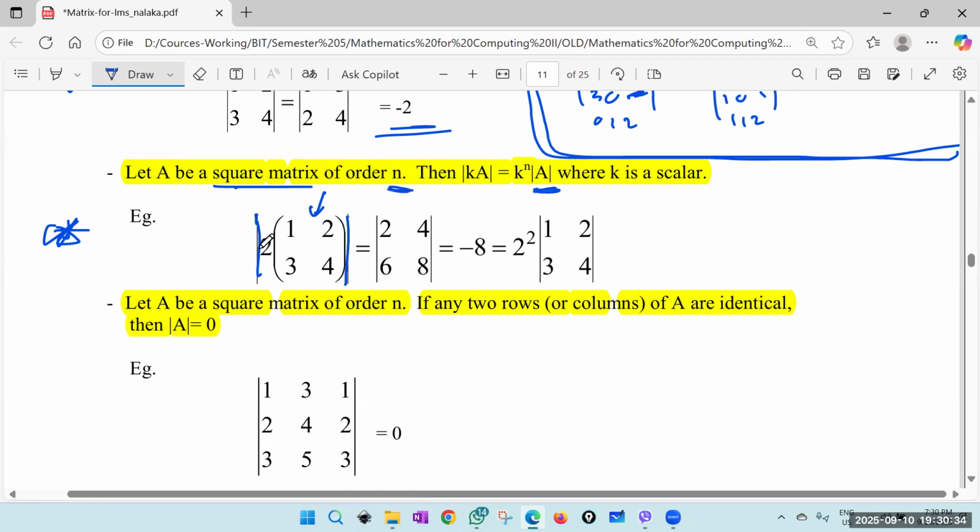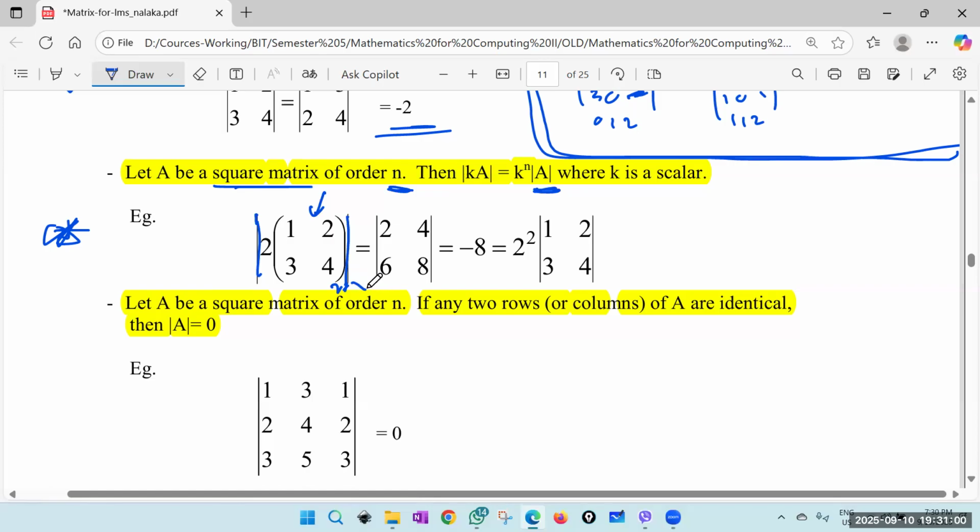That means rather than you multiply these elements and find the determinant, there's another option: you find the determinant of the original one, then multiply it by 2 to the power 2 in this case, because this is 2 by 2. Sorry, this particular constant to the power n, if it is n by n.